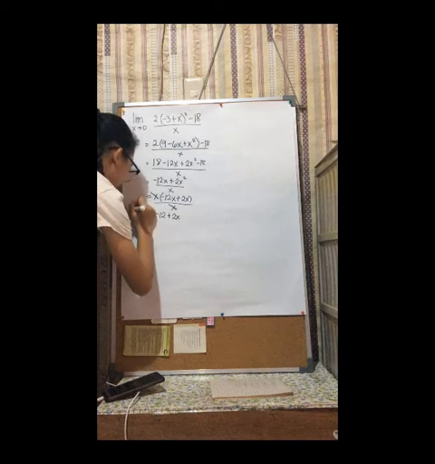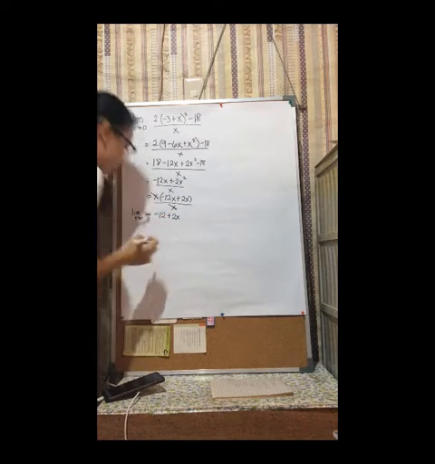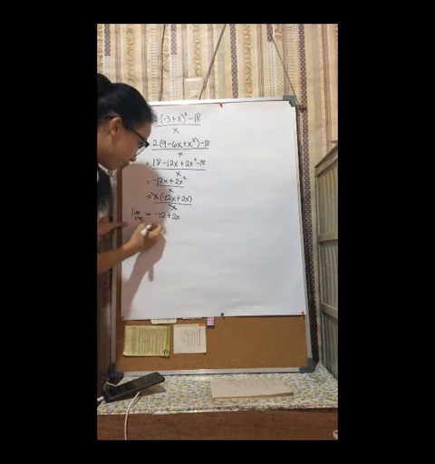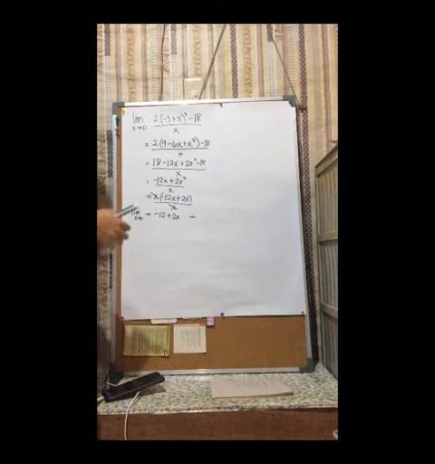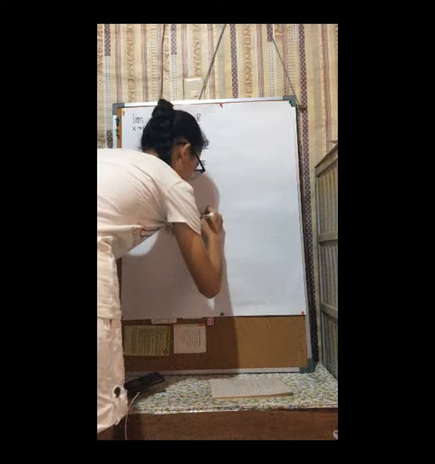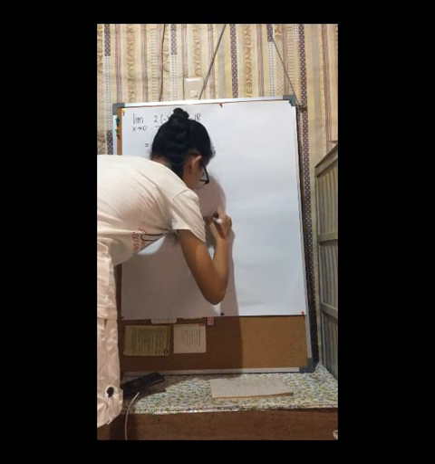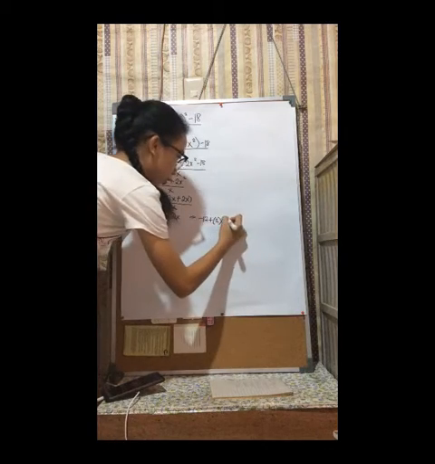Now we have the limit as x approaches 0. If we're going to solve here, we change all the x into 0, so we have negative 12 plus 2 times 0.